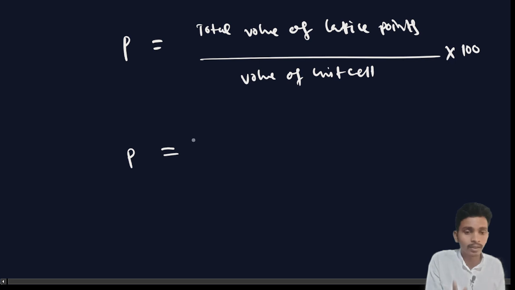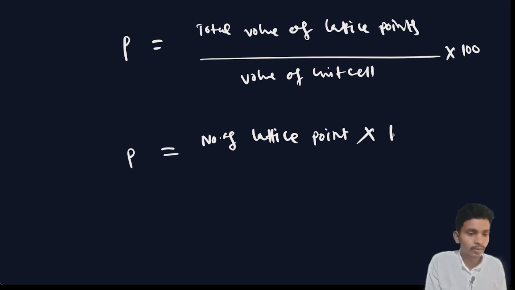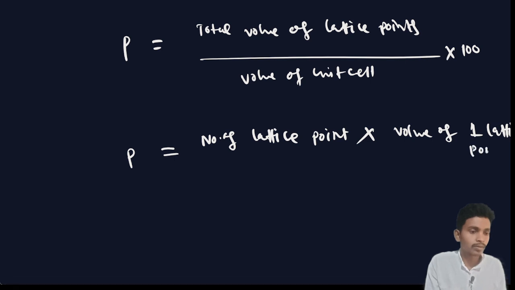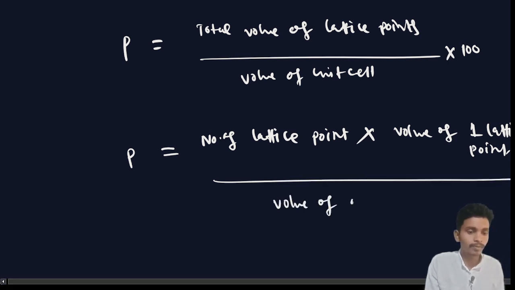First we find the number of lattice points into the volume of one lattice point, because the total volume of lattice points is the number of lattice points into the volume of one lattice point, upon the volume of the unit cell.